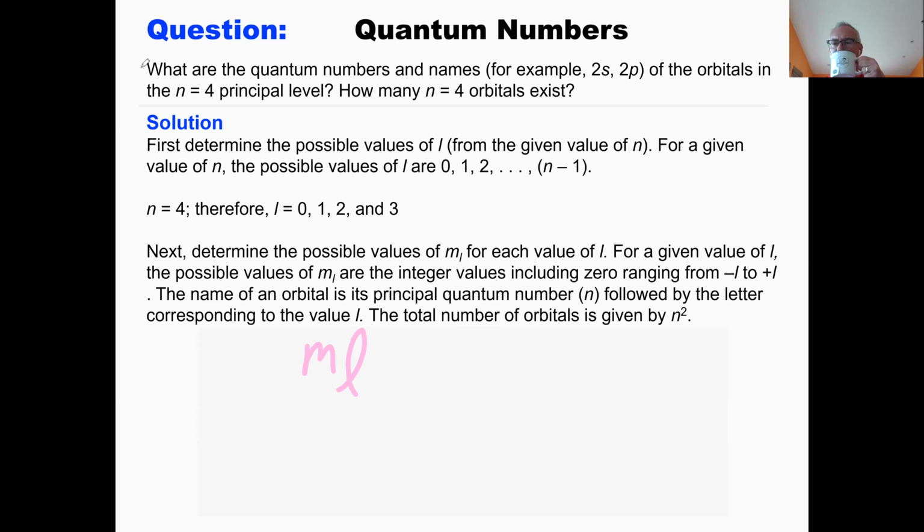Do you want to tell me what subshells are possibly there? Now remember, we're in n equals 4. We're in the 4th shell. So how many subshells can you have in the 4th shell? No, right, one more. Yeah, one more, Rye. S, P, D, and what's the last one?